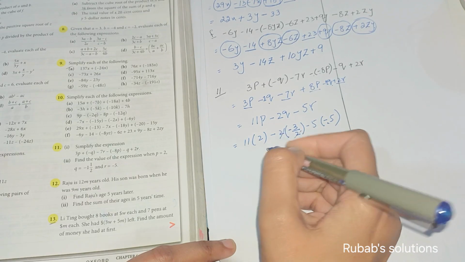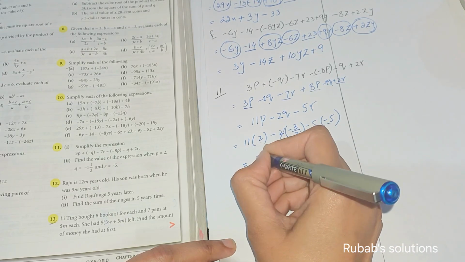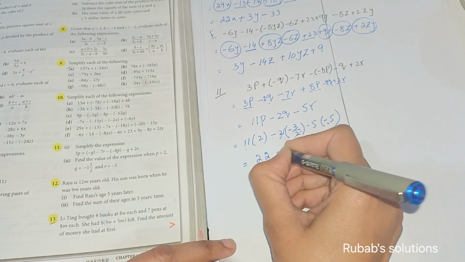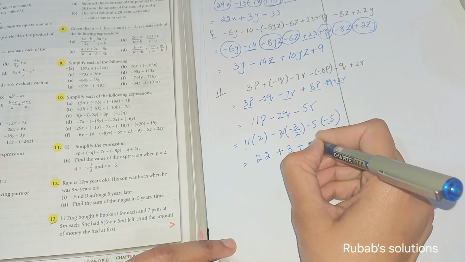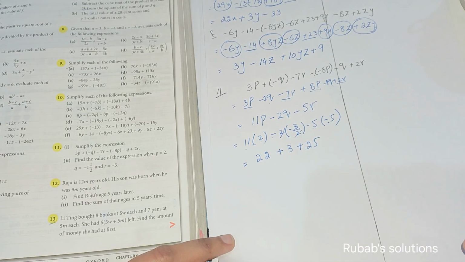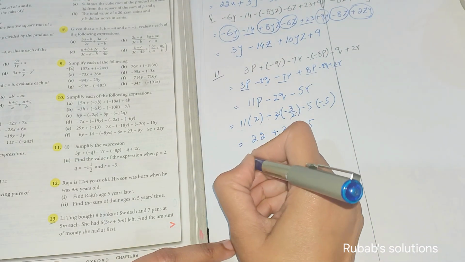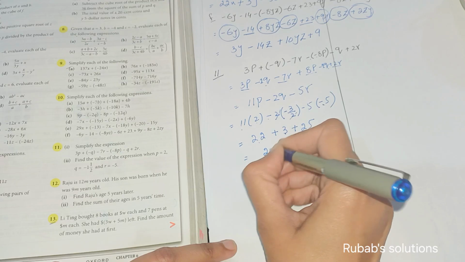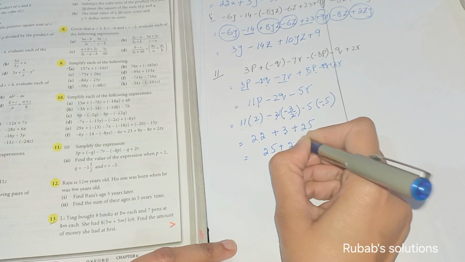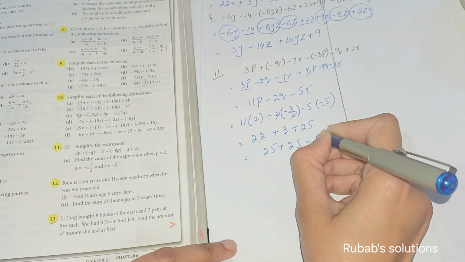This 2 and 2 I can cancel. 11 2s are 22, minus minus plus 3, minus and minus plus 5 5s are 25. So I have to add all these values. 22 plus 3, it's 25, plus 25. So the answer is 50.